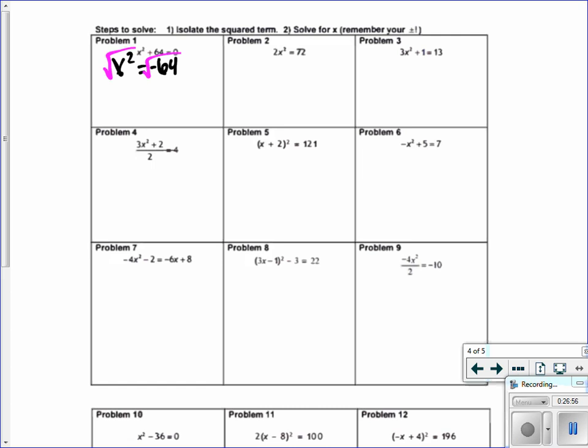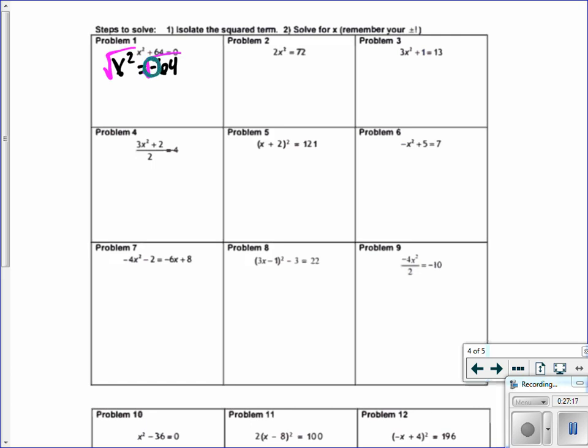Type in the square root of negative 64. Non-real calculation. It says non-real calculation. The reason it's saying that is there was a negative in the square root.